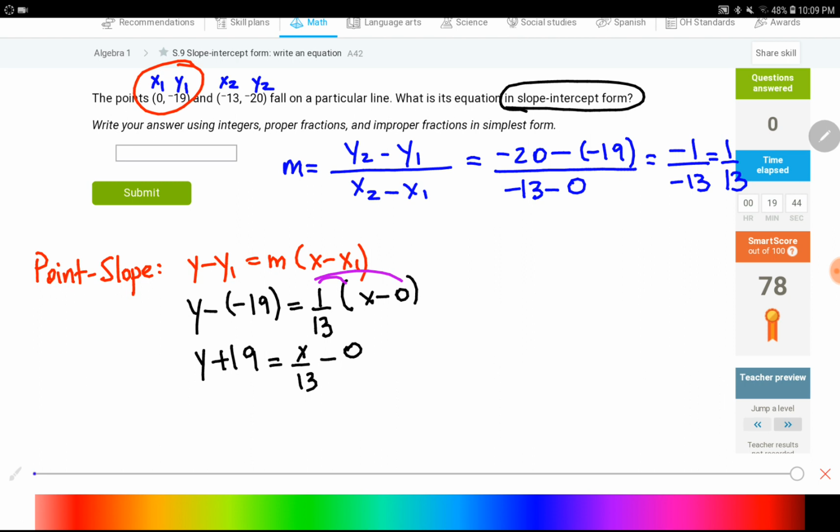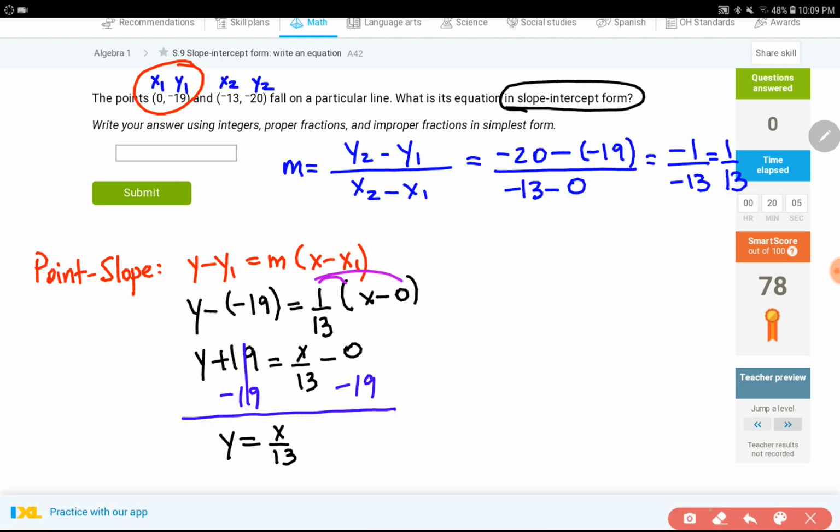But at this point, to get the y by itself, what should we do? We have a plus 19 that we need to get rid of. Thinking about its inverse operation, we would subtract it from both of the sides to end up with y equals x over 13. Oops, there's not enough space. Let me just clear this out.